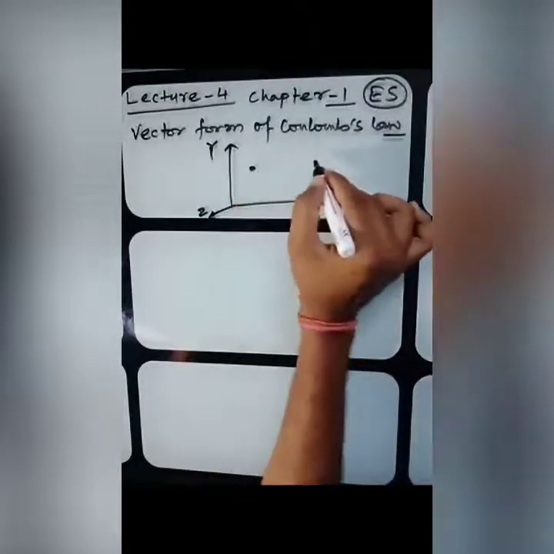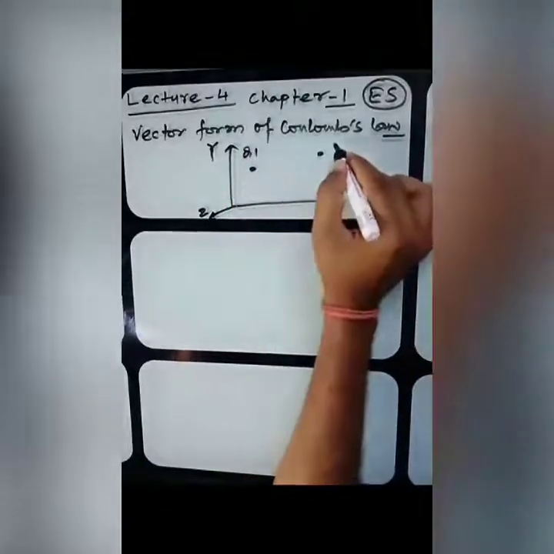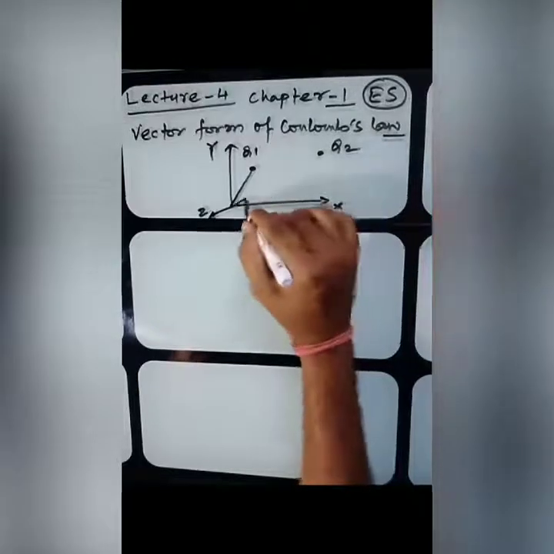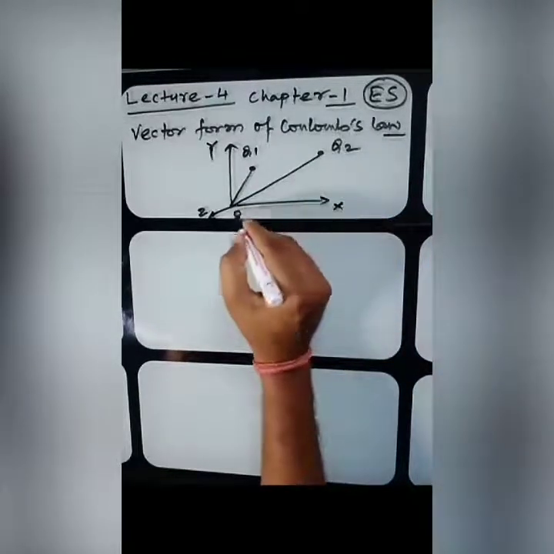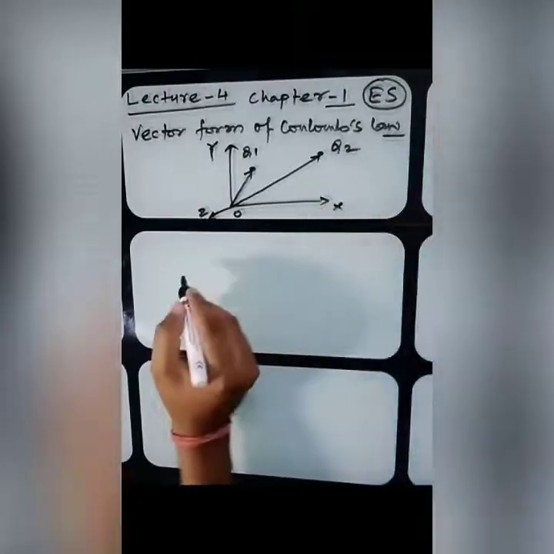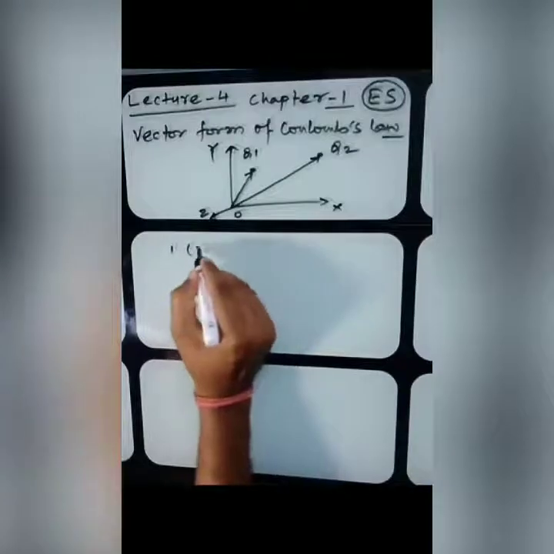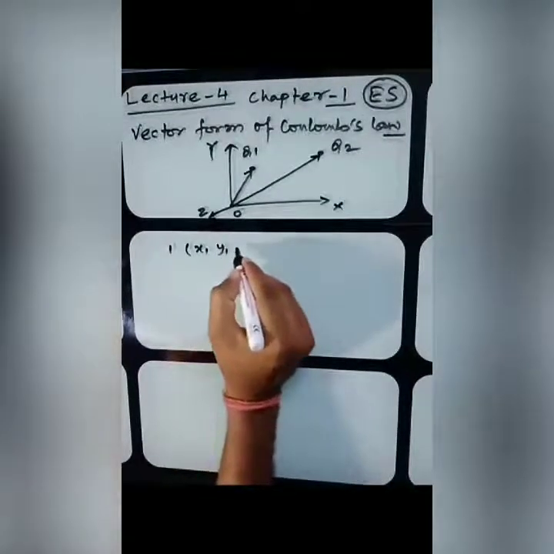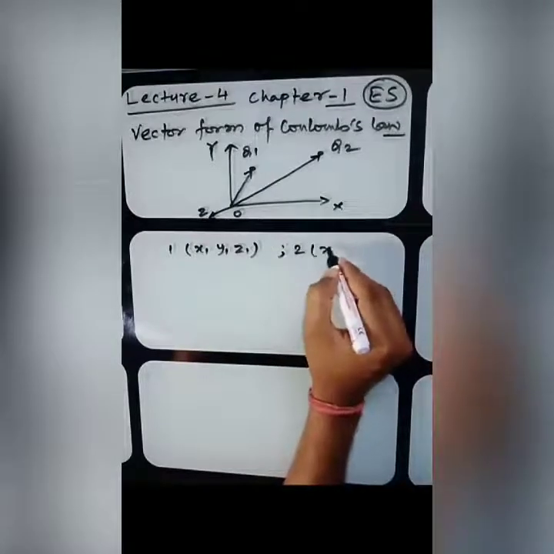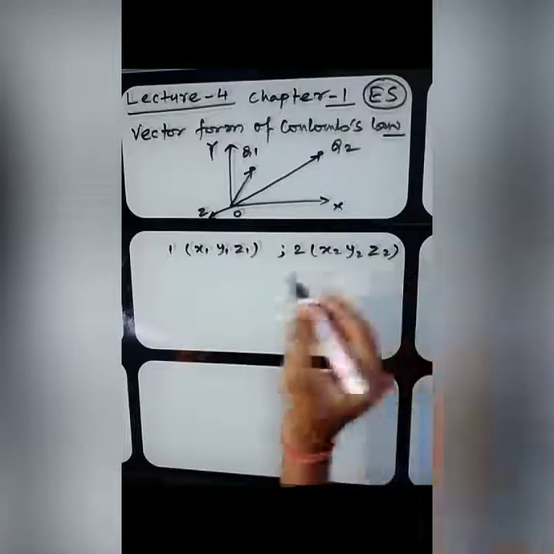The two charges are placed over here as Q1 and Q2. This is the origin O. The coordinate of point 1 is, suppose, x1, y1 and z1. The coordinate of point 2 is x2, y2 and z2.